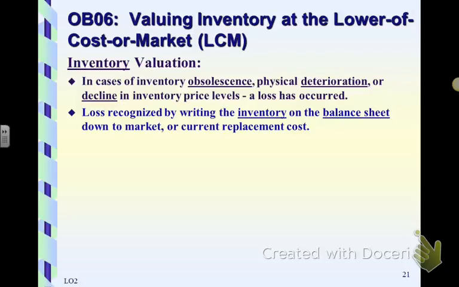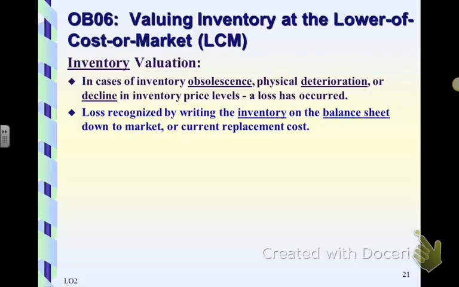So if you bought something at $100, and now you can't sell it at $100 or more, you can only sell it at, say, $80, you've got to take that $20 difference and expense it as a loss.